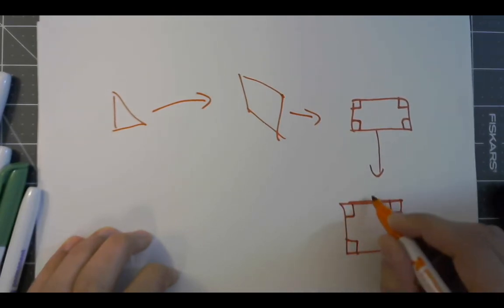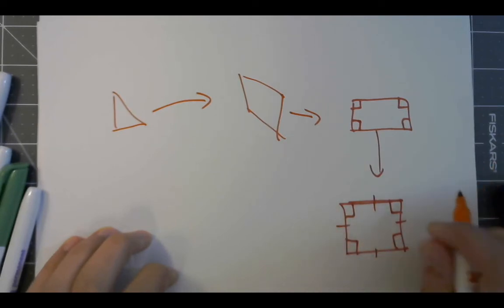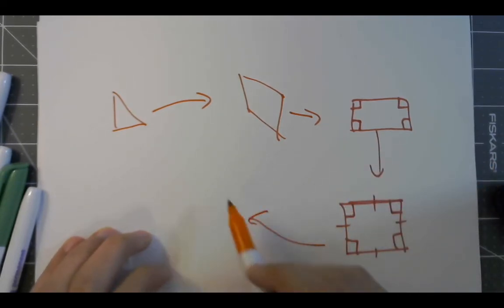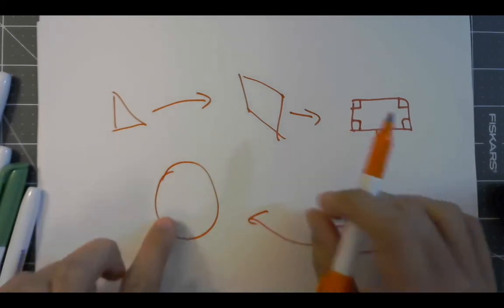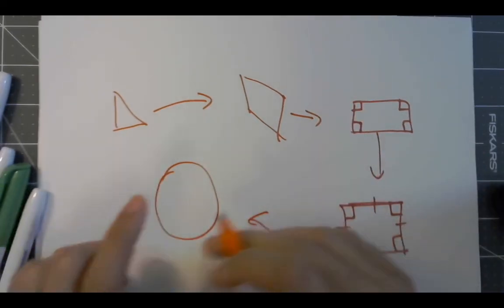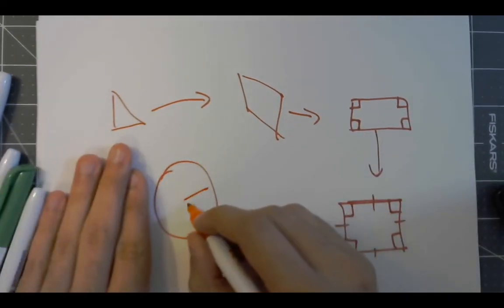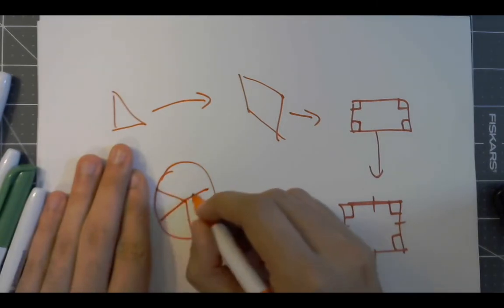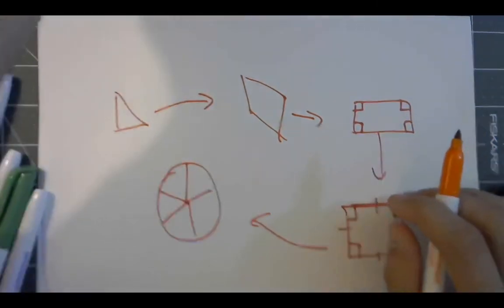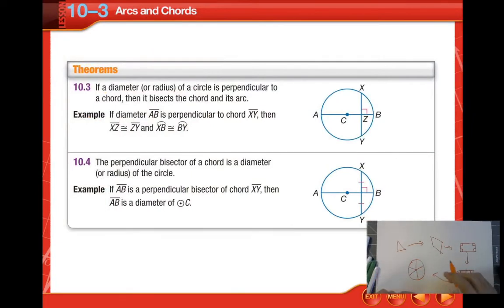The more that matched, the more we got to see how things came together. Circles are the next step, where every radius is going to be the same length. But now there's even more symmetry in anything we do. So the perpendicular bisector of a chord is a diameter or a radius of the circle.